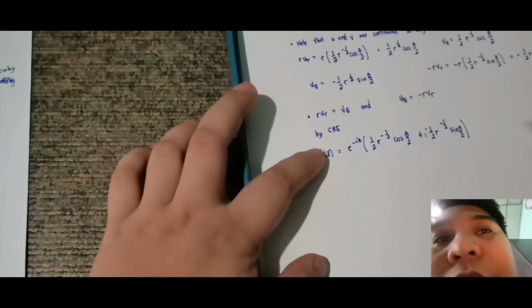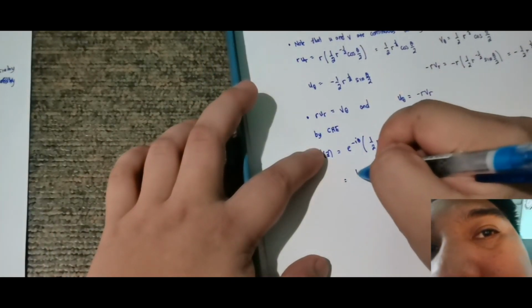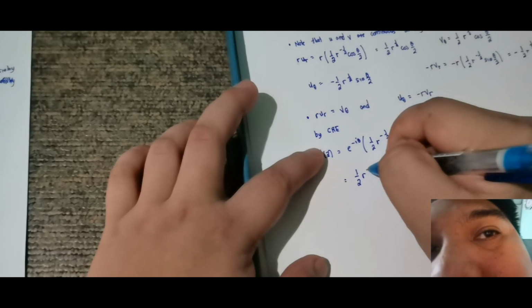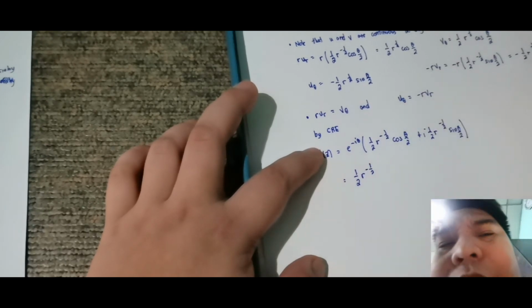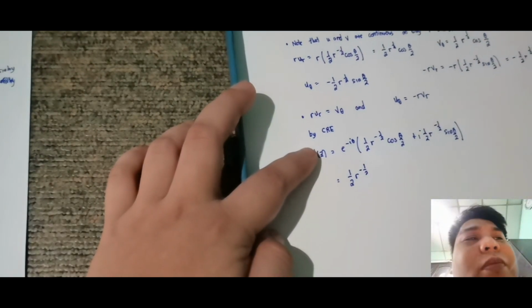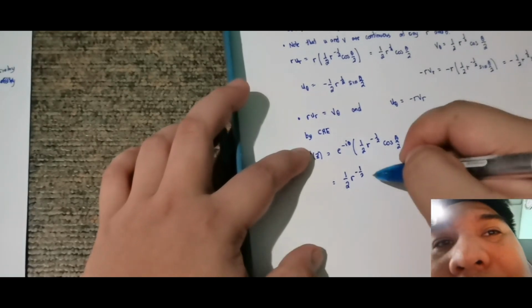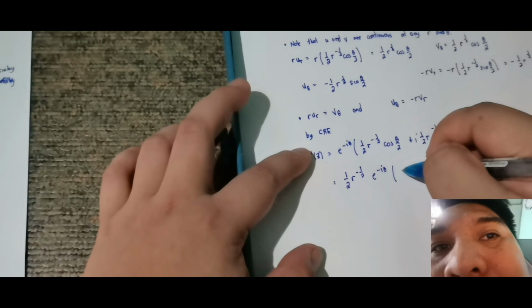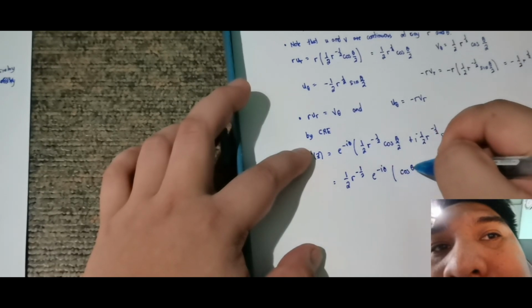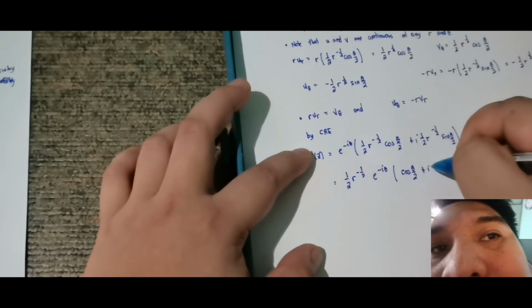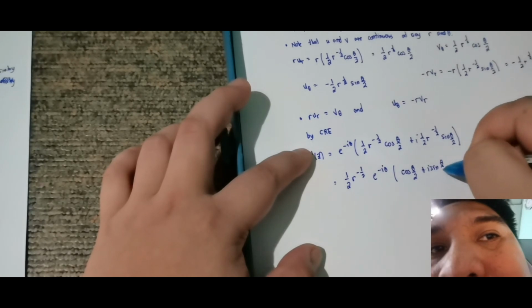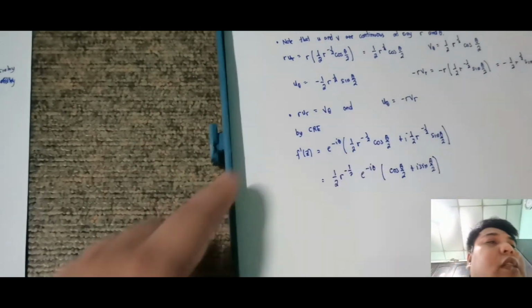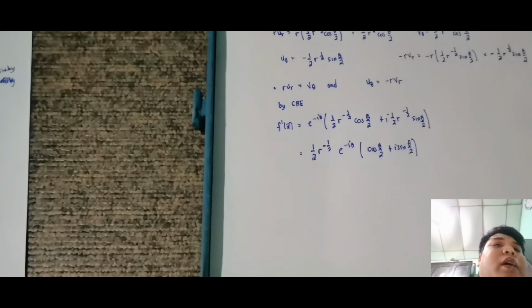Okay, kasi yun yung kailangan. So this is equivalent sa 1/2 r raised to negative 1/2, nakakalito yung term, then multiplied by e raised to negative I theta, then may natira sa loob na cosine theta over 2 plus I sine theta over 2. So by Euler's identity, so obvious na siya ay parang e raised to I theta over 2. Tama.